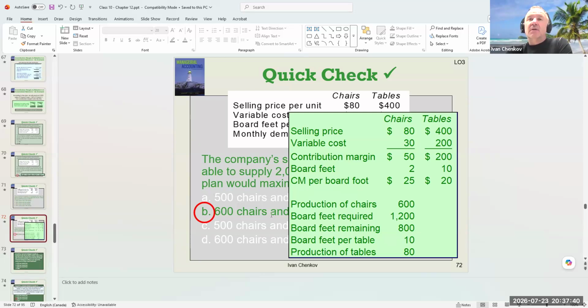And we come up with the contribution margin per board feet, since board feet is our constraint: $25 for chairs, then $20 for the tables. So that means we're going to produce the entire demand for the chairs, which is 600 chairs, which require 1,200 board feet. With the remaining 800, we're going to produce only 80 tables, since it is 10 board feet per table.